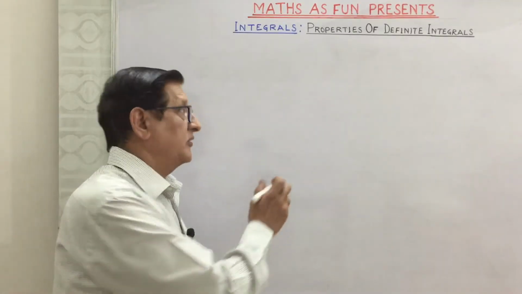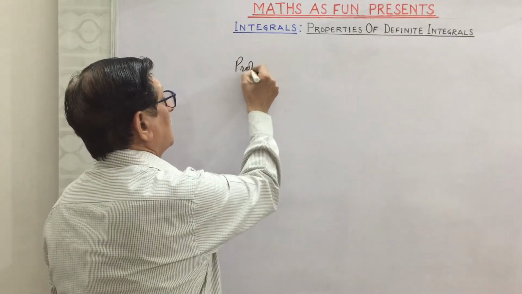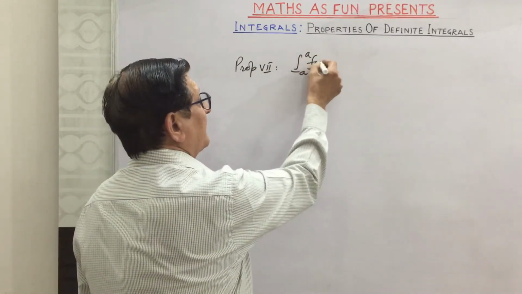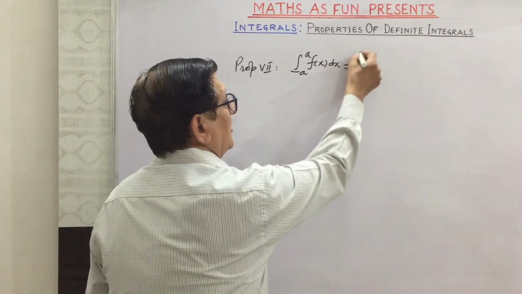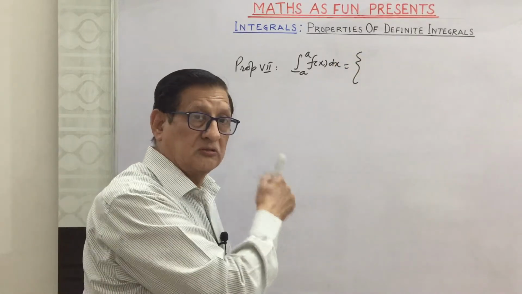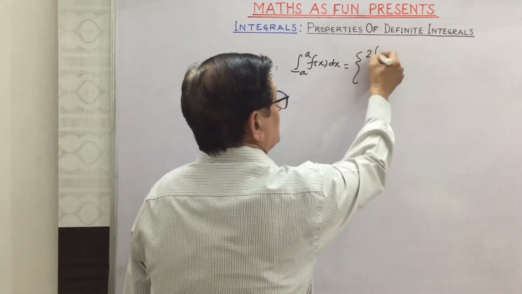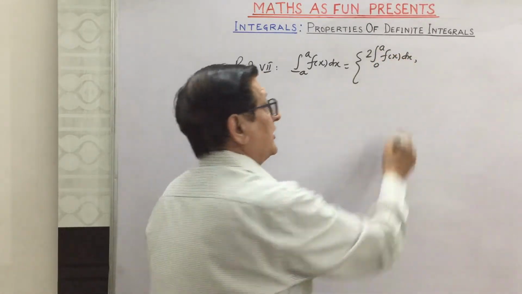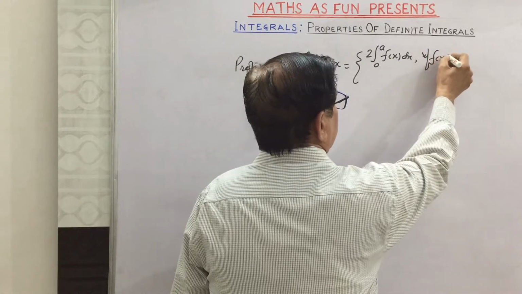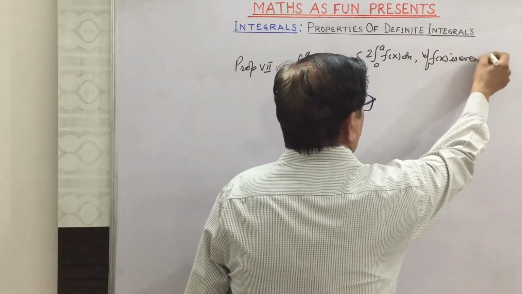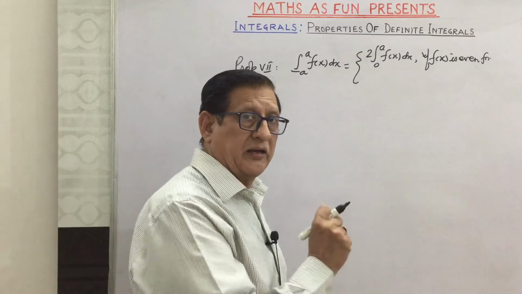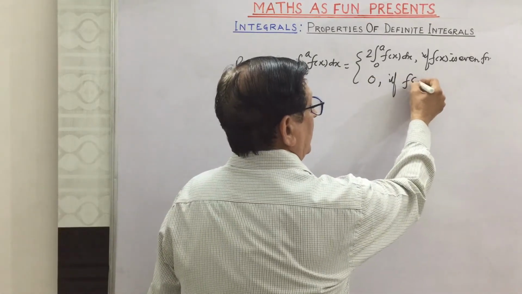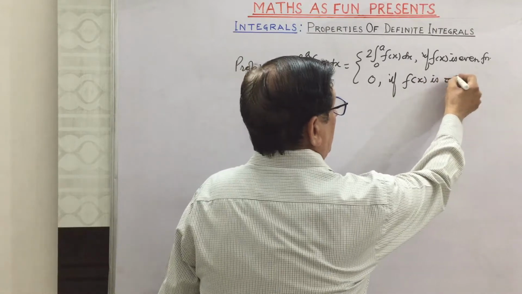The seventh property is integral from minus a to a f(x) dx is equal to, this also has two answers. One is twice of integral 0 to a f(x) dx if f(x) is an even function, and it is 0 if f(x) is an odd function.